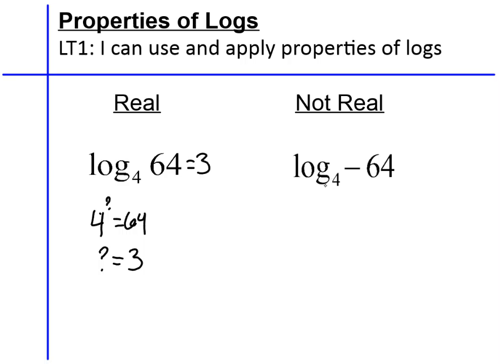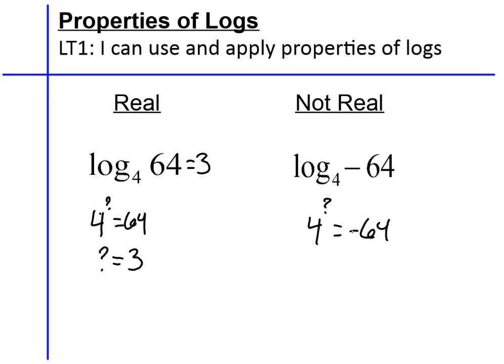When I try to use log base 4 of negative 64, I'm asking myself 4 to the what power equals negative 64. Because I'm starting with a positive 4, it doesn't matter what power I try to use, a 1, a 2, a 3, a 4, doesn't matter. Any exponent I apply to a positive 4 is going to come out to a positive answer.